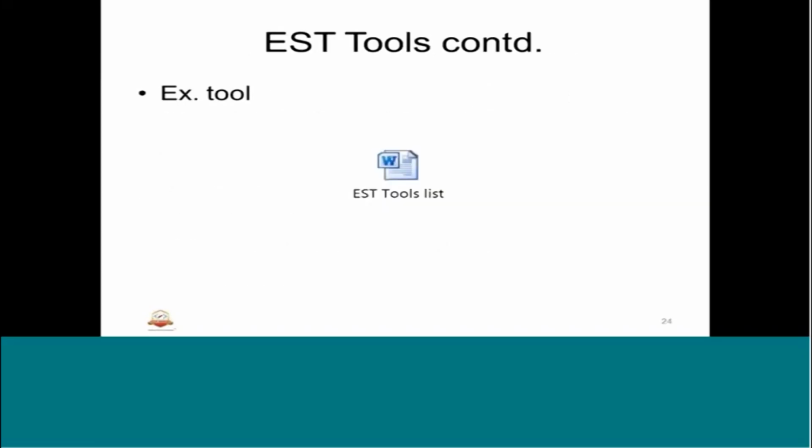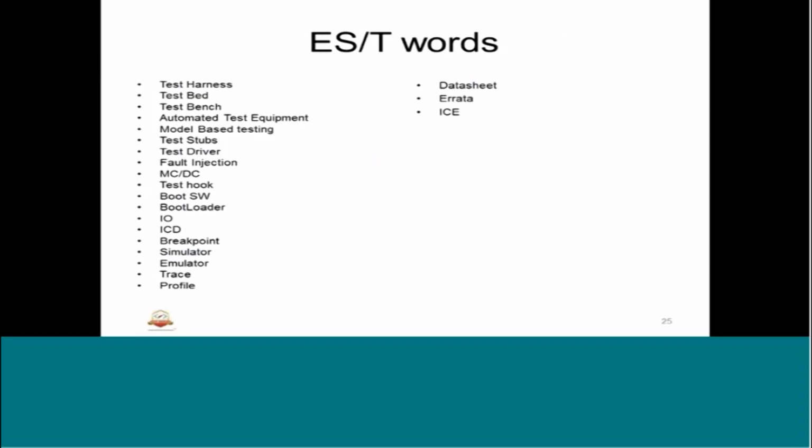We will conclude this session with the tools, with a tools list example, and in the end we will touch upon a few embedded system testing words. It is something like a recap of what we have studied so far. These are some of the words that have to be a part of a tester's vocabulary. He should be knowledgeable enough to talk about this jargon at any time.